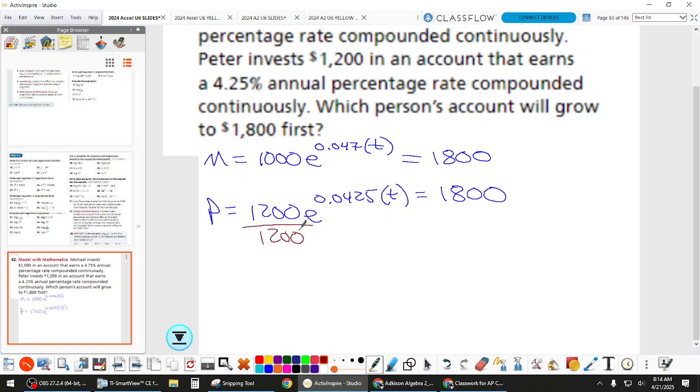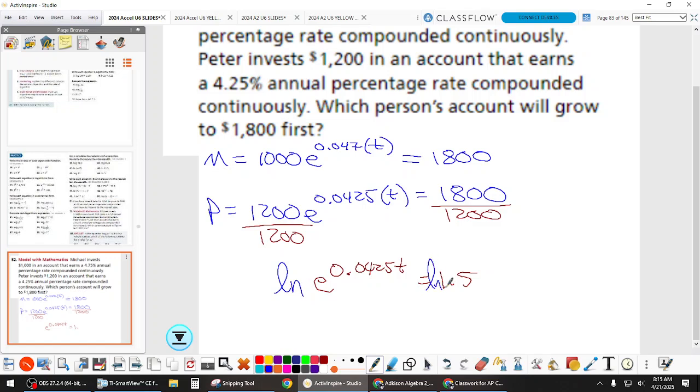Okay, so divide off A or P. And then natural log. Yeah, good. Natural log to get rid of that exponent, excuse me.